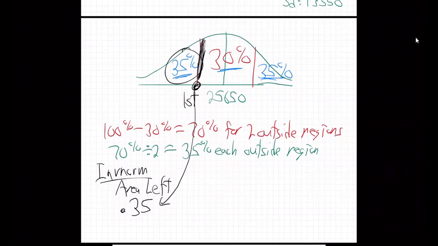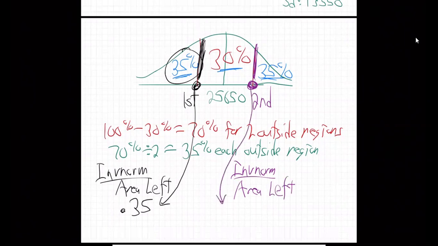And then you go on to the second spot, which is right here, right? We're trying to get the two sides of the 30%. That's what they asked us. Find the two sides of the 30% for the middle 30%. And so then you got to do inverse norm again. And this time when you do area left of the second spot, what's it going to be? Well, how much area is to the left of the second spot?